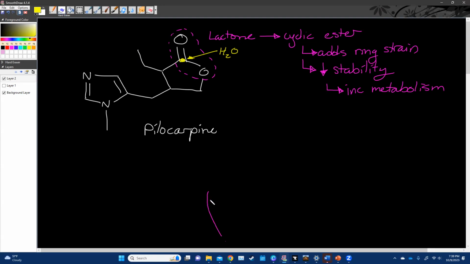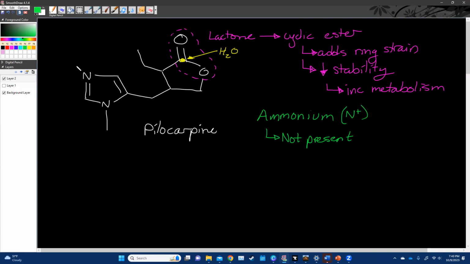Now, does pilocarpine have that ammonium atom? No, it doesn't. So it's not present unless it's in certain conditions.